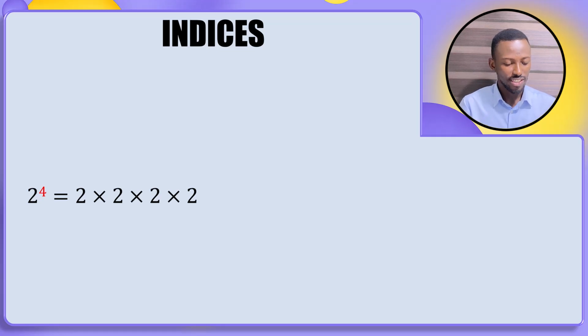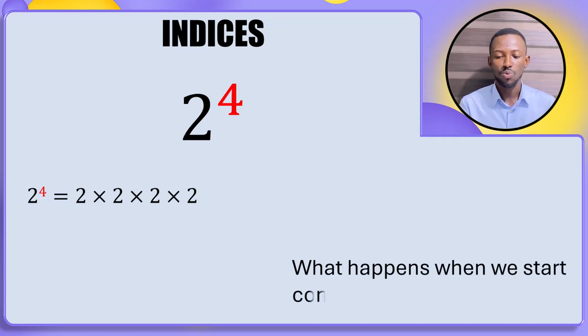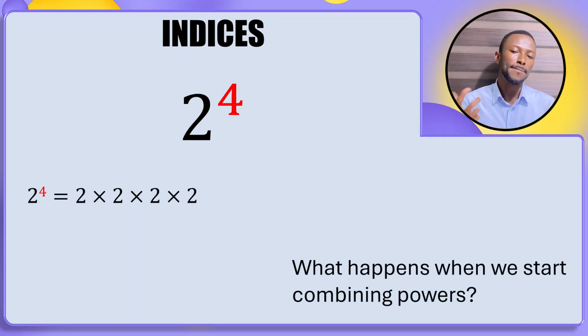But here is the actual question we are most concerned about. What happens if we multiply numbers with indices, or when we start combining powers? What exactly happens? This is what I mean.